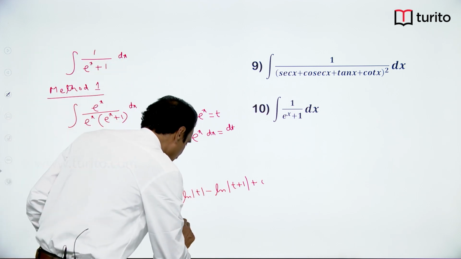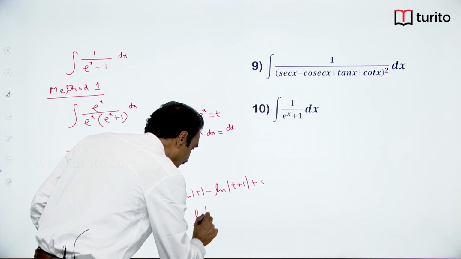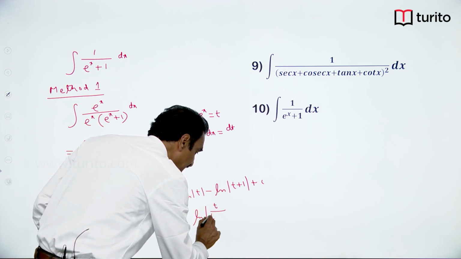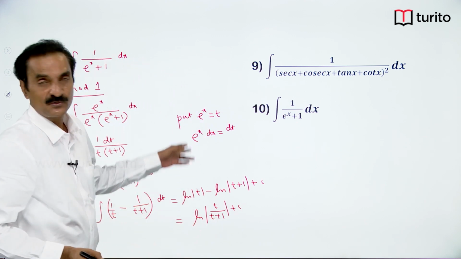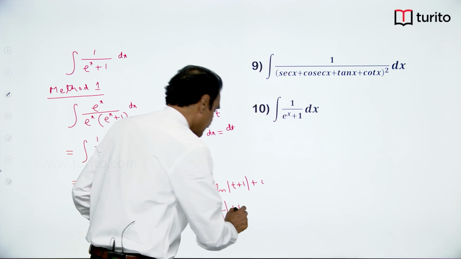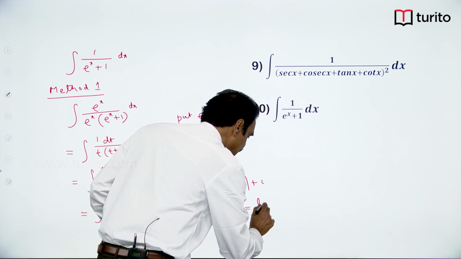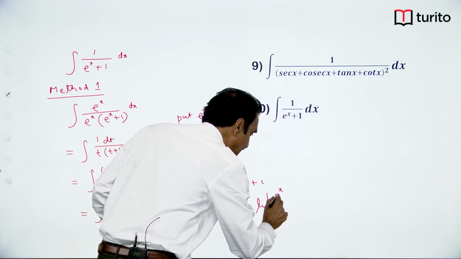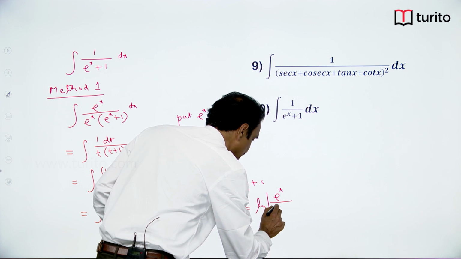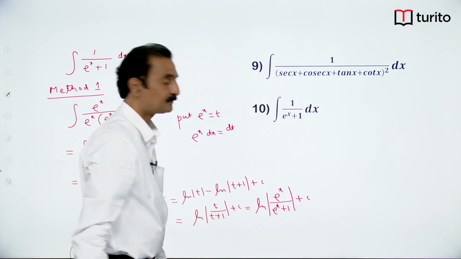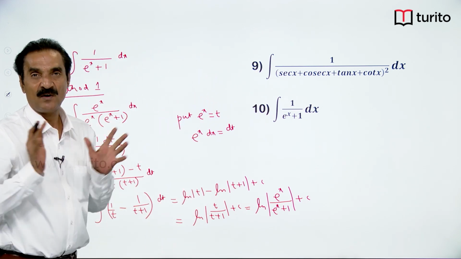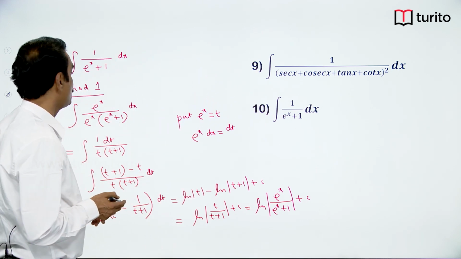So, it will be ln mod t by t plus 1 plus c. Substitute t as e power x. Final answer is ln mod e power x by e power x plus 1. This is method 1. Now, method 2.